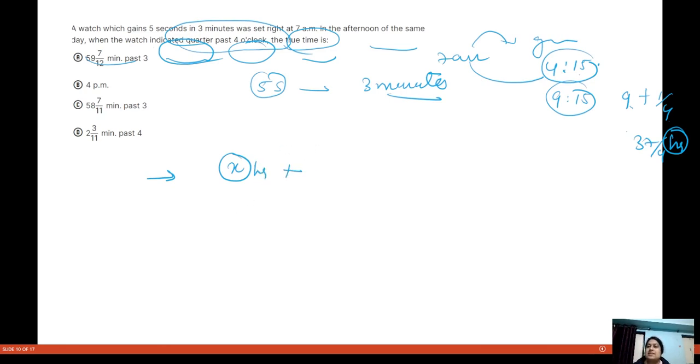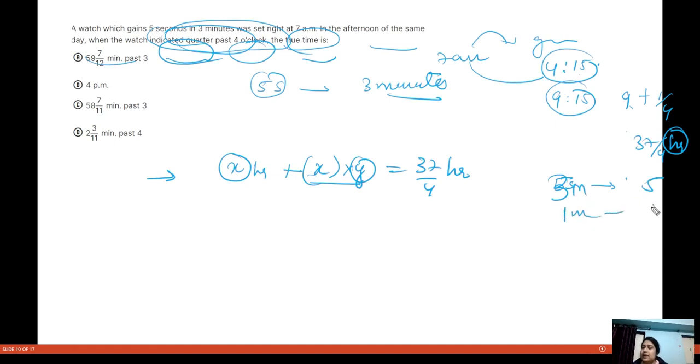And now some amount of time is gained every hour, so we are taking that some amount of time is gained every hour and we'll multiply with that. So we get this 37 by 4 hours. Now what is this y? Now y we will get from here, because every 3 minutes, 5 seconds are gained.